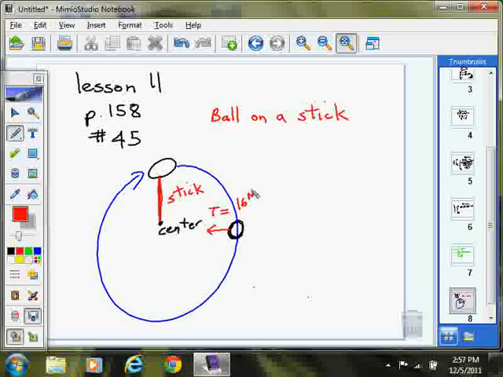Now they also tell you in the problem that the ball has a mass of 0.20 kilograms. And they say that the ball is whirled at a constant speed.